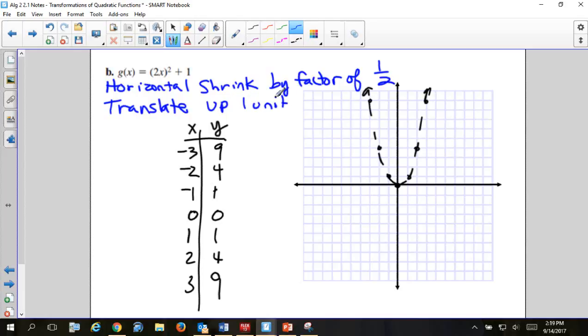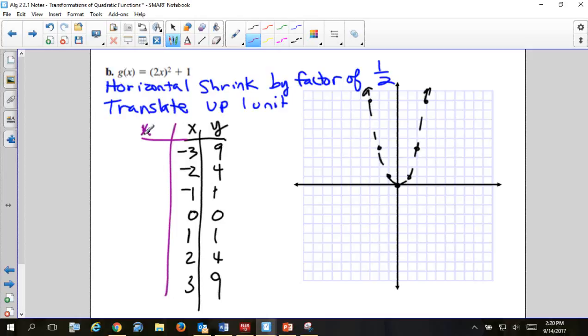So for my table, since I have a shrink, I am going to use a table. And is my shrink going to affect my x values or my y values? What does horizontal tell me? X or y? As a class, what is horizontal? X or y? X. So in our table, we will change our x values by a factor of 1/2.